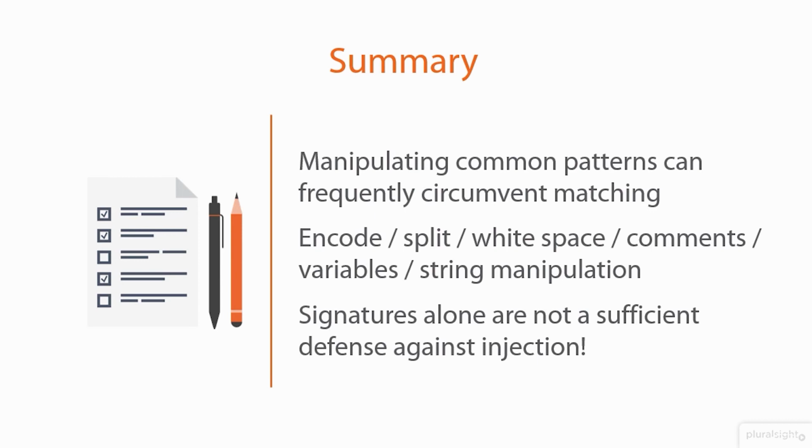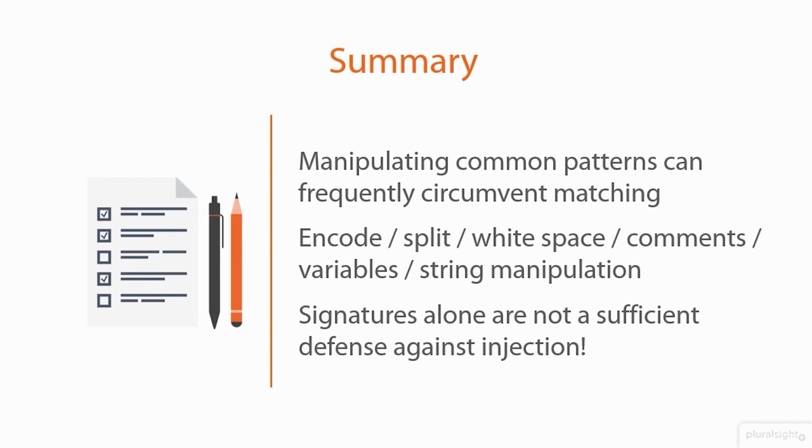Signatures can be defeated, certainly signatures that are doing simple pattern matching, because it's just so easy to break away from the pattern. And yes, some devices do get a lot smarter and they look well beyond just the pattern of the individual request itself. But the underlying message is that if there is a SQL injection risk in the actual code of the app, there are many ways to evade simple defenses that are nothing more than signature based.